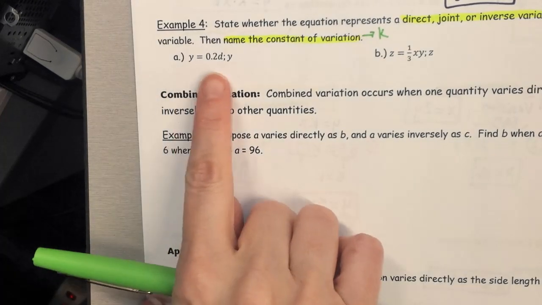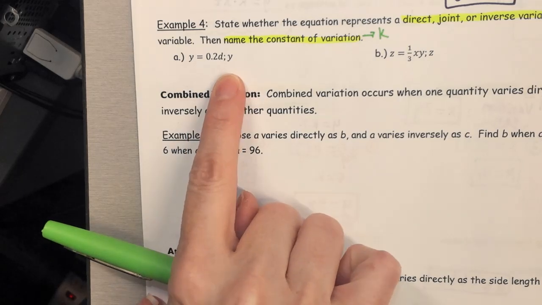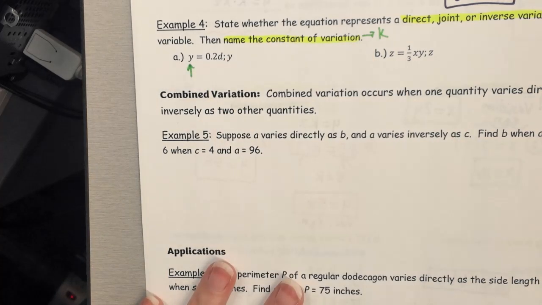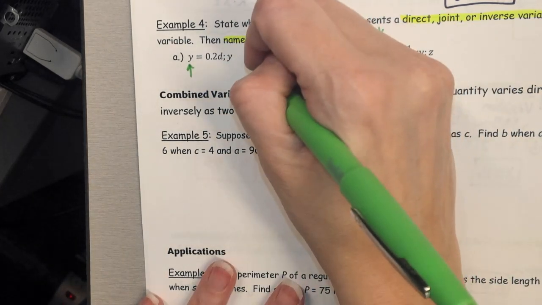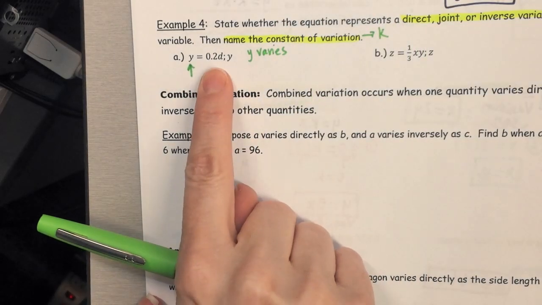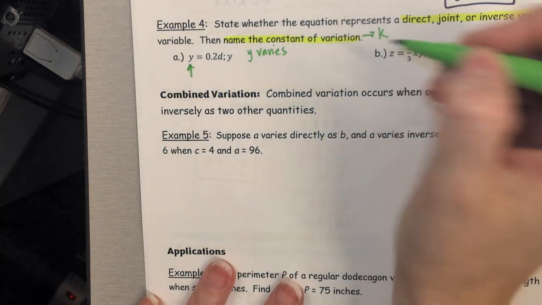Okay, so for this one, y equals 0.2 times d, and they're saying that y is the variable that you are using. So we would say y varies, and then we're going to compare it to d. Would that be direct, joint, or inverse? Direct.